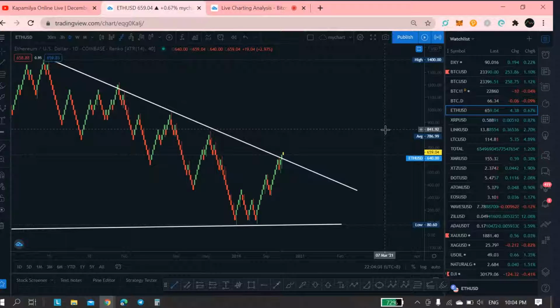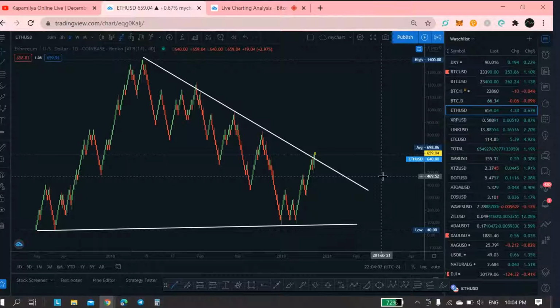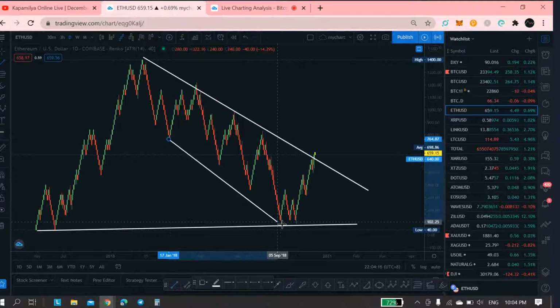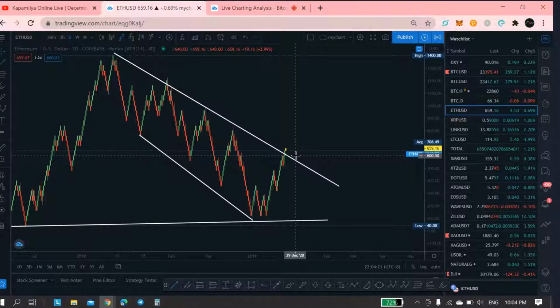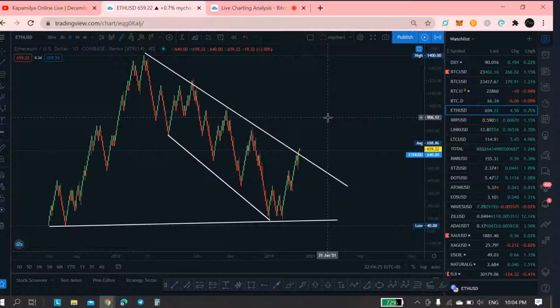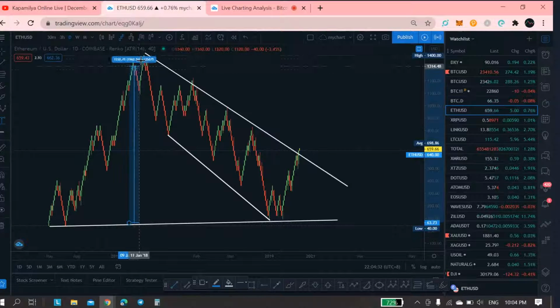As you can see, it just currently broke the long-term resistance area of around $600, and our next possible resistance will be, since it broke this area, you can also use this area as a possible target.